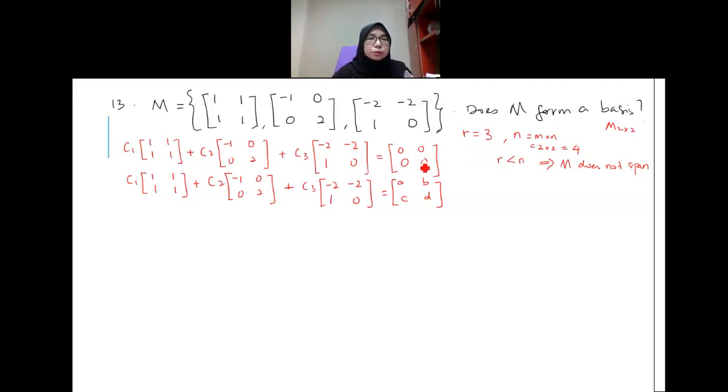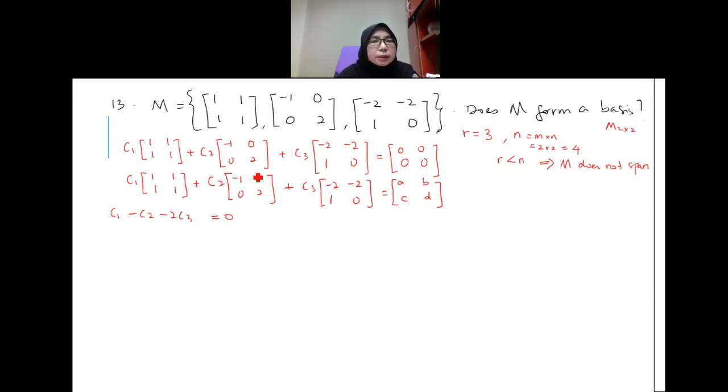Next is to write a linear system. The first equation is for the first component. So C1 minus C2 minus 2C3 equals 0.